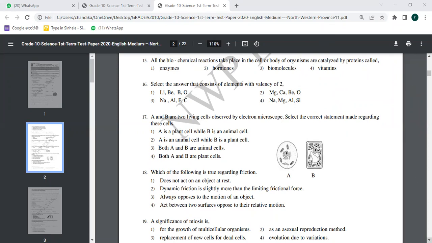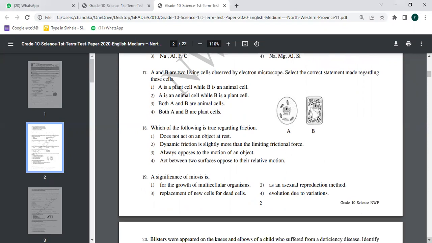Right. Question number 17. A and B are two living cells observed by electron microscope. Select the correct statement made regarding these cells. When you start doing the question, at a rough guess, you must know that this is an animal cell, and the other one is a plant cell.